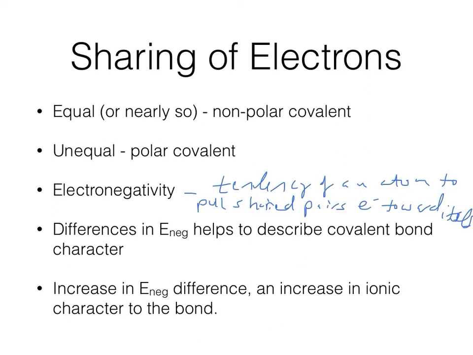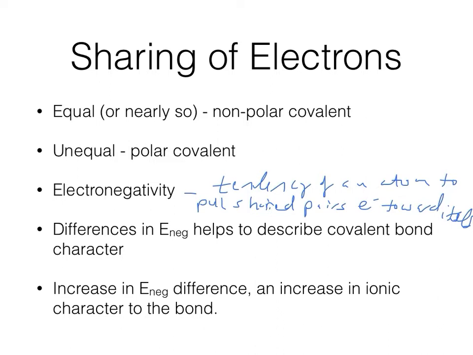Or some people go, well, from 0 to 0.5 electronegativity difference, that's nonpolar. That's nearly equal sharing. Okay? And then from 0.5 to 1.9, that is polar covalent. And then anything over 1.9, that's got to be ionic. No. No, no, no, no, no. Okay?